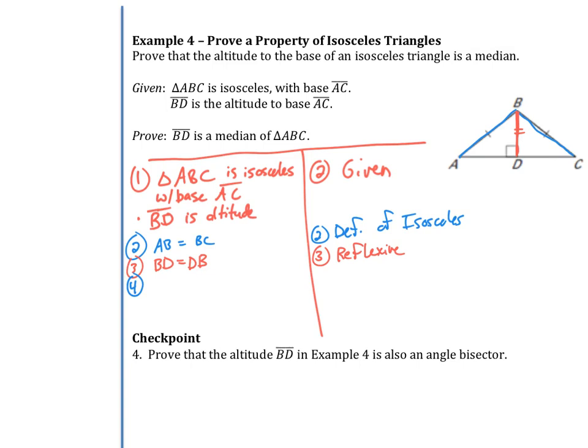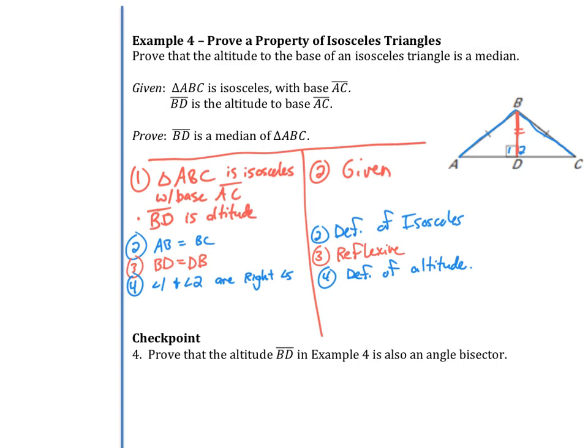And step 4, actually I'm going to label this 2 to make it less writing. We're going to say angle 1 and angle 2 are right angles. And that is by definition of altitude. The definition of an altitude is that it forms a perpendicular line with the opposite side.